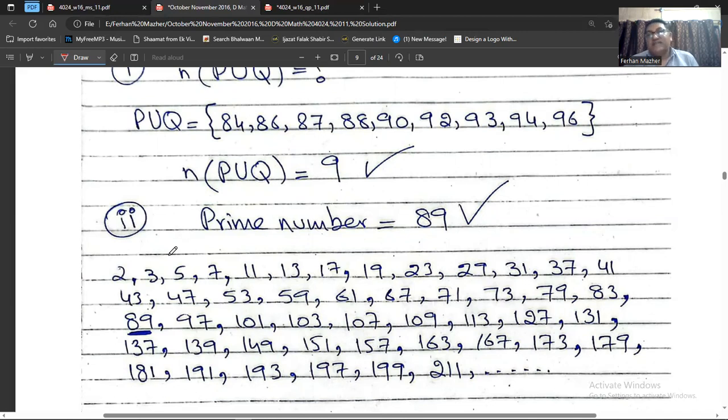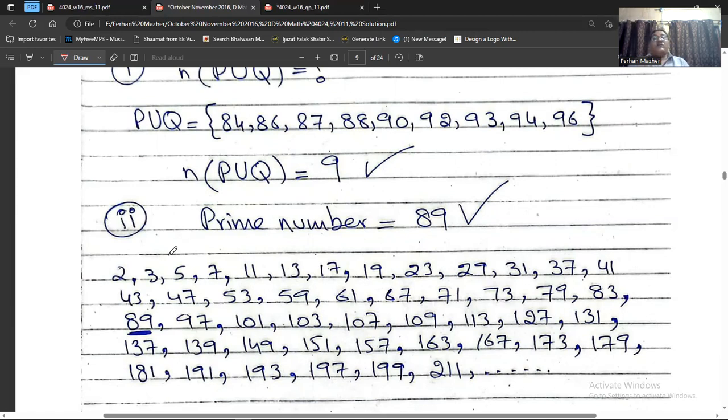So the prime numbers, I'm just giving you the list: 2, 3, 5, 7, 11, 13, 17, 19, 23, 29, 31, 37, 41, 43, 47, 53, 59, 61, 67, 71, 73, 79, 83, 89. 89 is here.